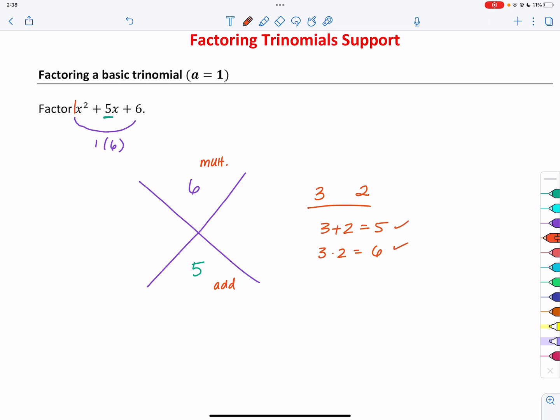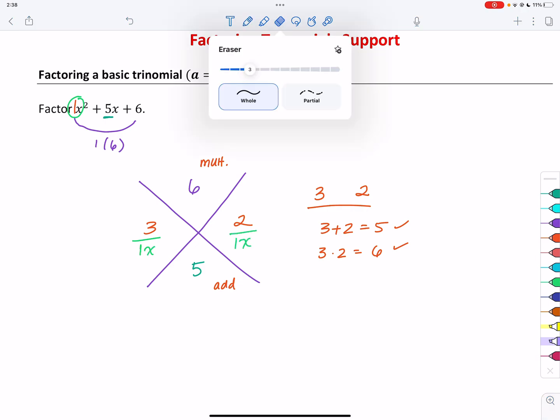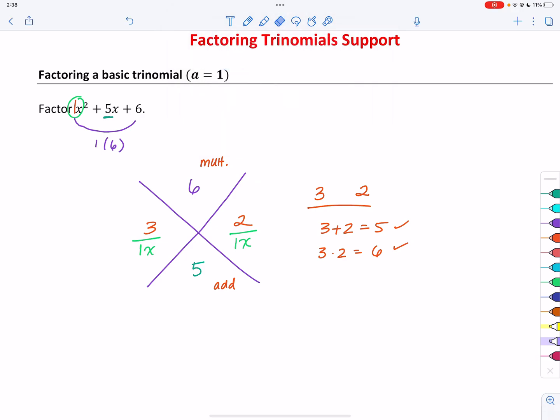And that's what we want. So we'll go ahead and put a 3 there, and order doesn't matter, and a 2. And then what we will do is divide by the coefficient of x. So we're going to divide by a 1x. We can go ahead and put 1x there if you want, but we really just need x. You will have to include that coefficient for the other ones.